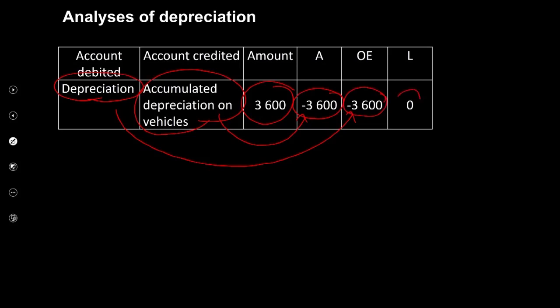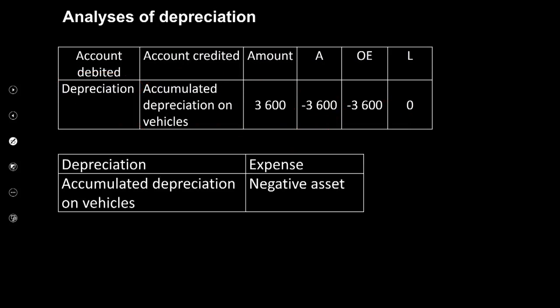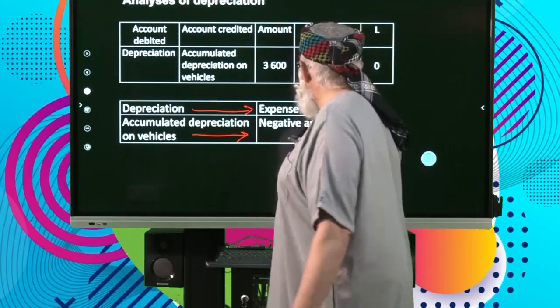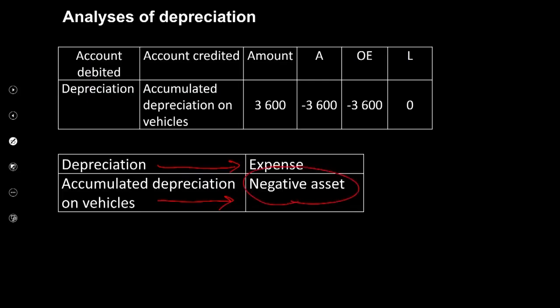Your liabilities remain unchanged. So what are we saying? We're saying that depreciation is an expense. What type of an expense? An imputed expense, therefore debited. And you're crediting accumulated depreciation, because it is a negative asset.